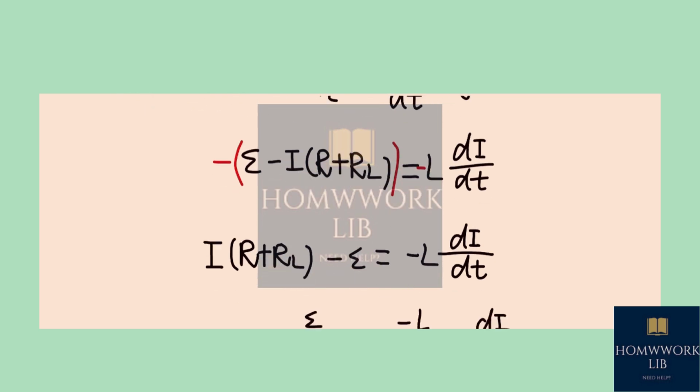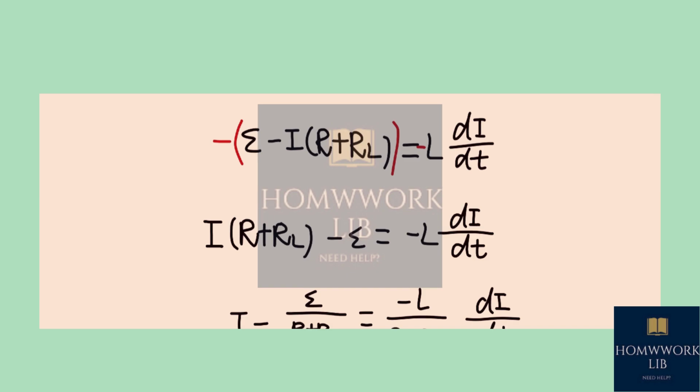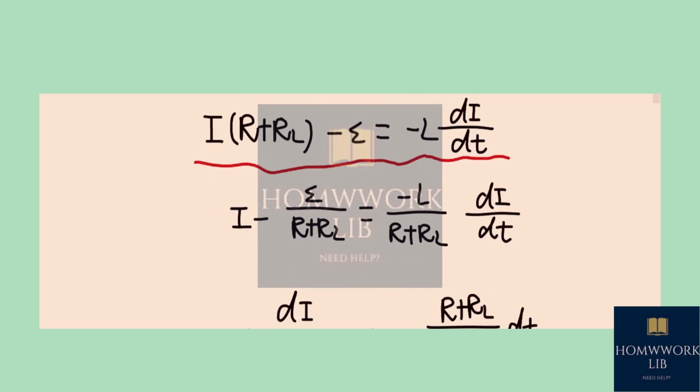This will give us I times (R plus RL) minus EMF is equal to negative L times di/dt. So we have I minus EMF over (R plus RL) is equal to negative L over (R plus RL) times di/dt, because I divided by R plus RL on each side.